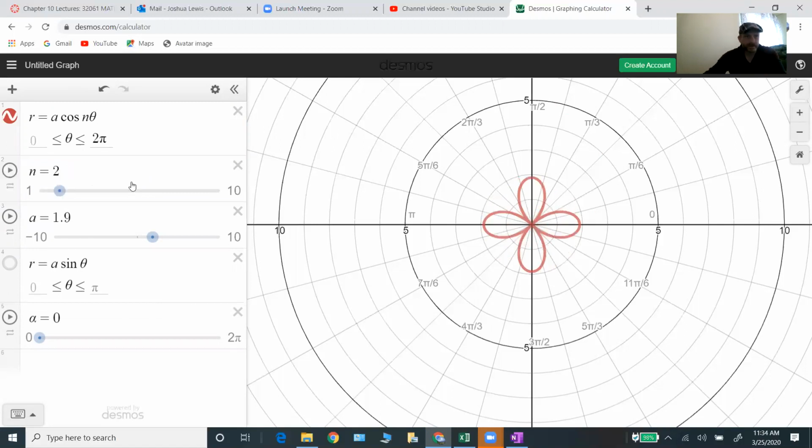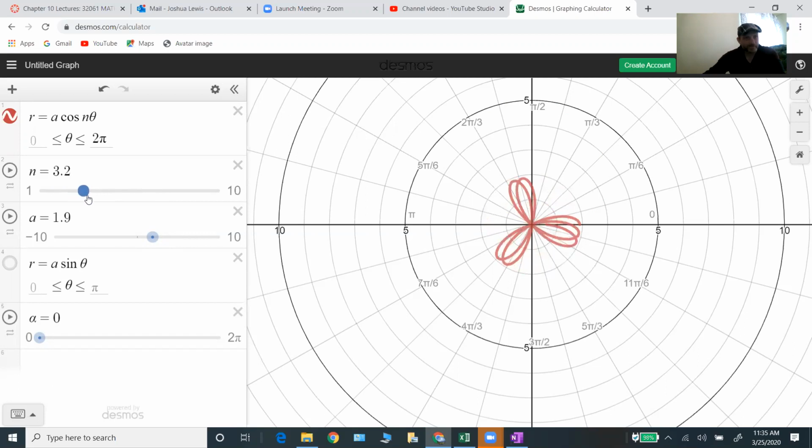So look at that. When n is 2, we have this beautiful rose here. When n is 3, we have this 3-petaled rose. And I want you to notice what's happening as I change these, right? It's kind of getting this rotation, then all of a sudden, whoop, there they go.